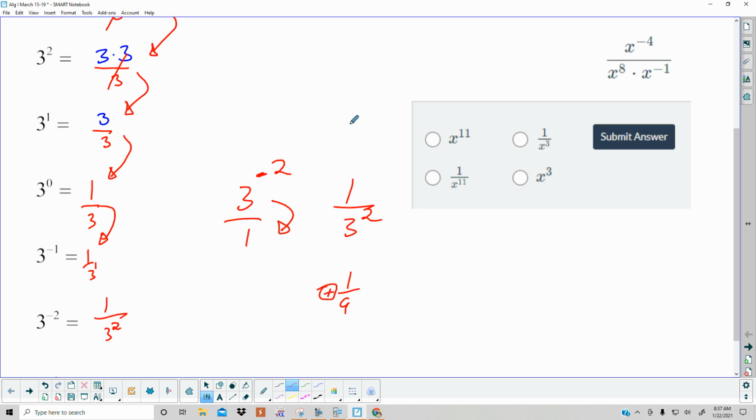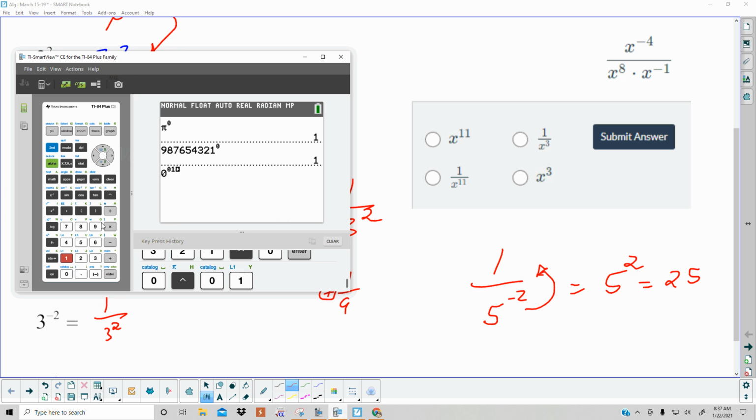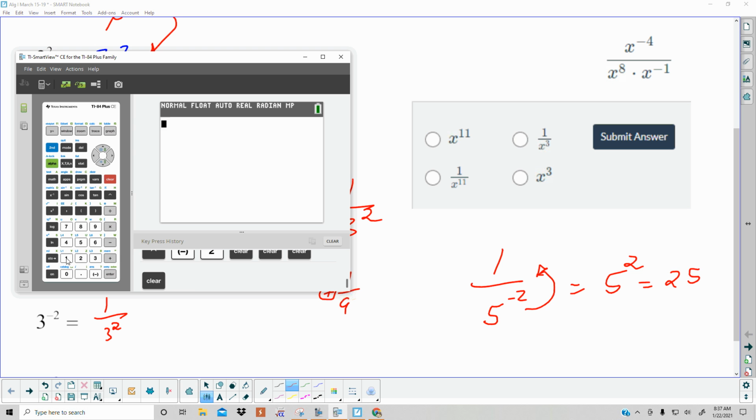All right? So what if it's downstairs? Well, guess what? Take it upstairs. And the exponent's now positive. I'll prove it to you. So we know that's worth 25, right? 1/5 to the negative 2. 1/5 raised to the negative 2. Whoops. I didn't look at what was over there. 1 divided by 5 raised to the negative 2. 25.